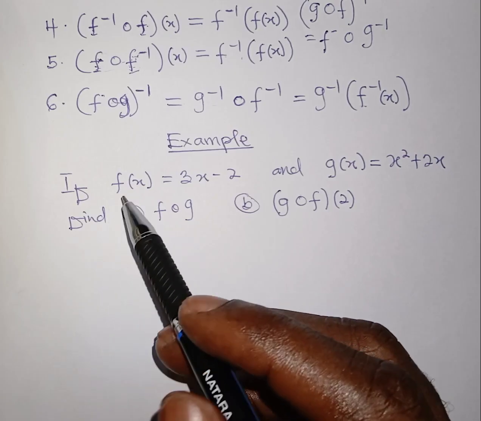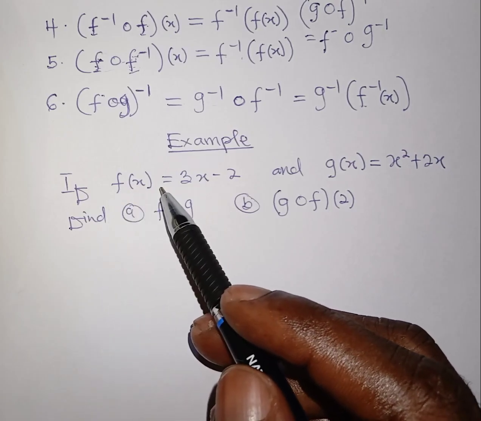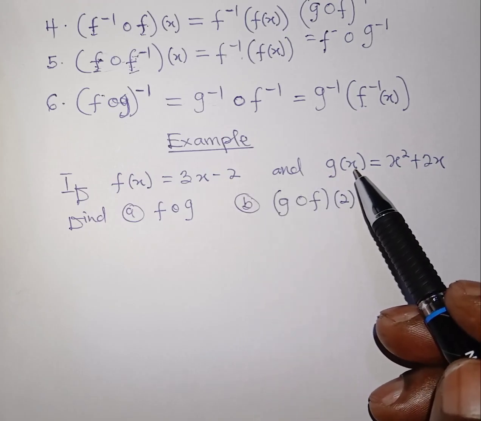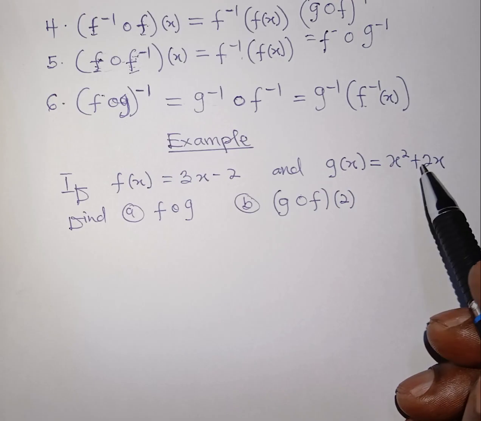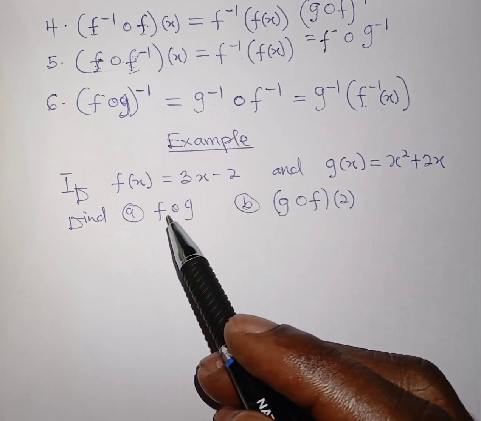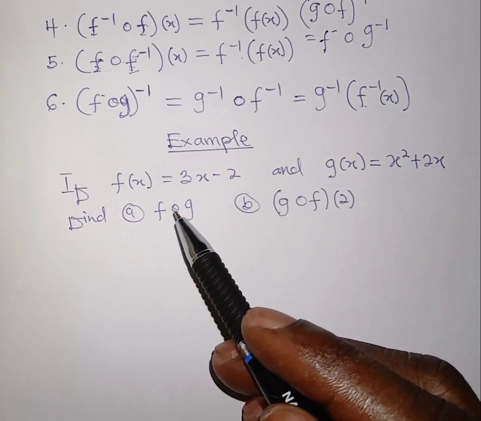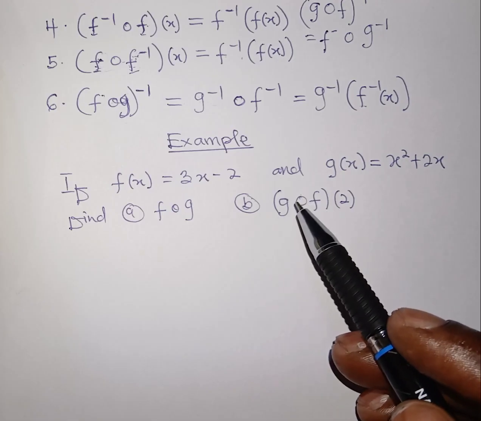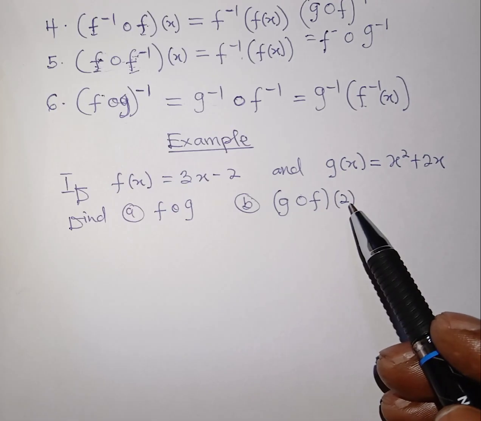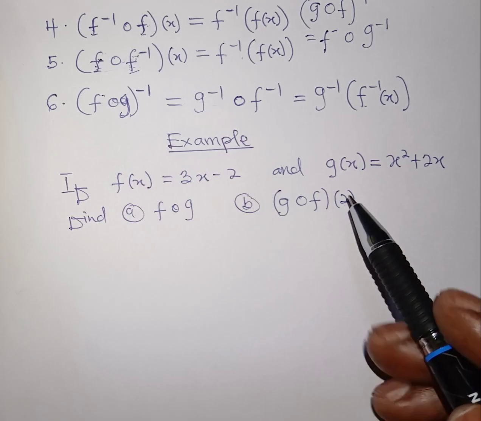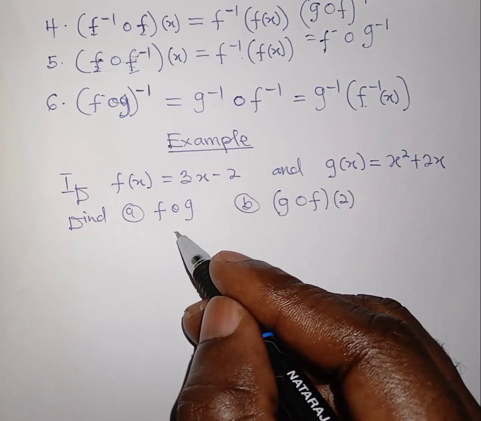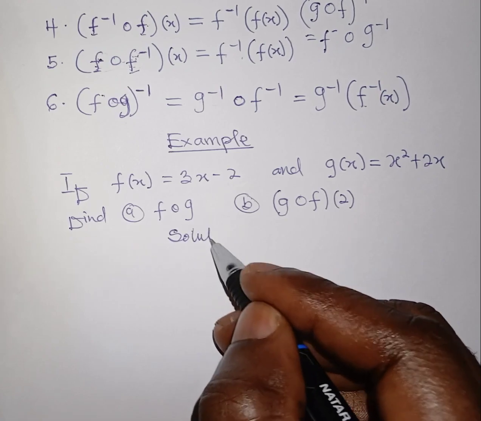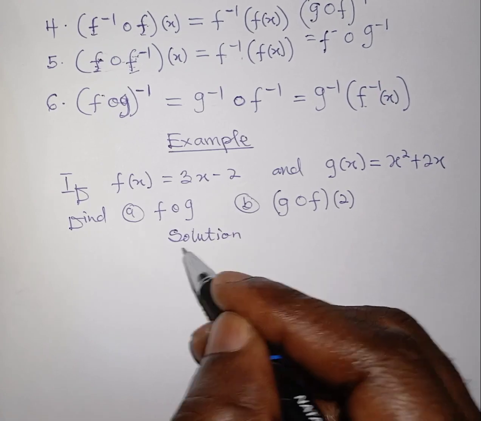In this example, we are saying if f of x is equal to 3x minus 2 and g of x is equal to x squared plus 2x, find g followed by f, and then f followed by g at 2. Good. So let's look at how we can do the following examples.